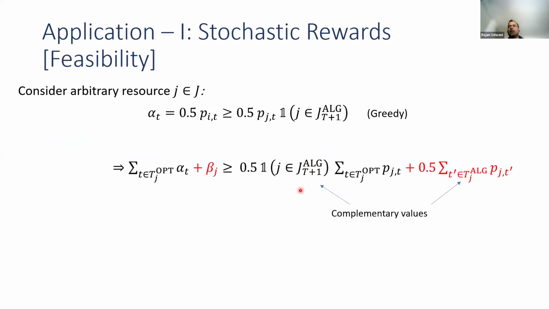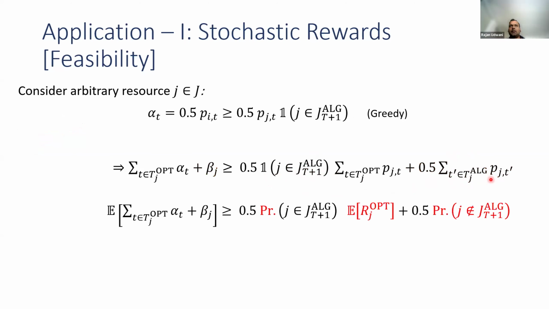But we have the beta term to take care of that. The beta term is just half of the total reward that ALG gets. These two things are complementary. We'll see it formally in a second, but intuitively the first term is high if ALG never matches j, and the second term is high if ALG is aggressively trying to match j.